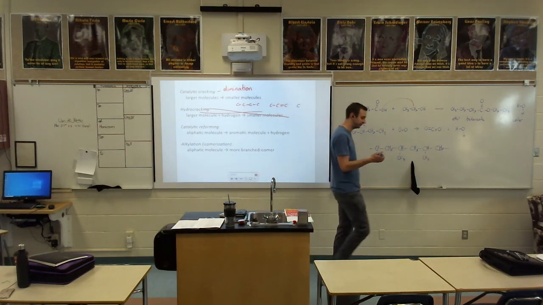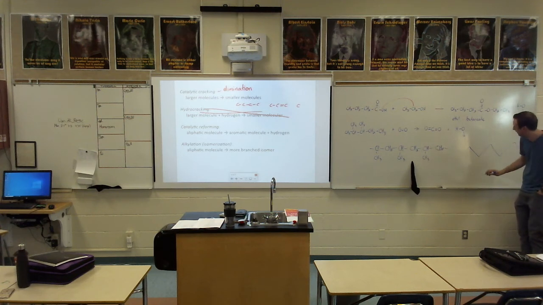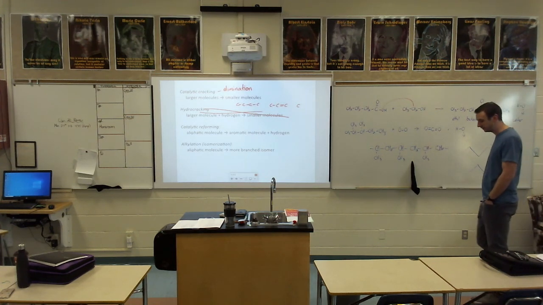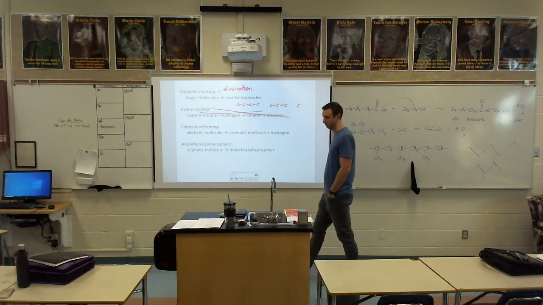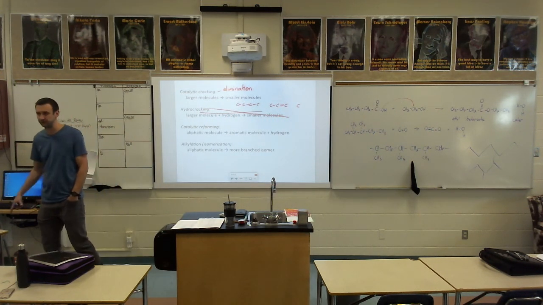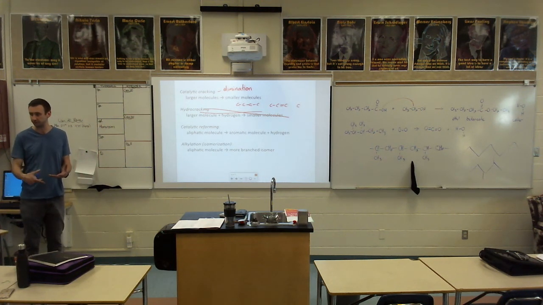What you're doing is taking something that's a long, continuous chain like this, and instead making it branched like this. So you're just moving it around to get more branches. Why do we do this? It actually makes better fuel, and it gets the structure that we need for its purpose.